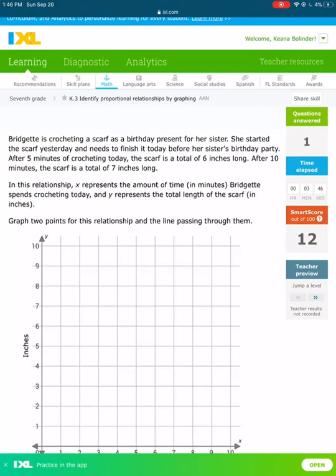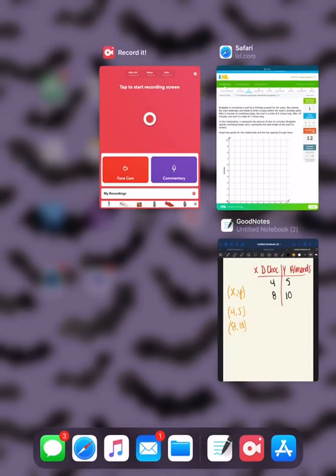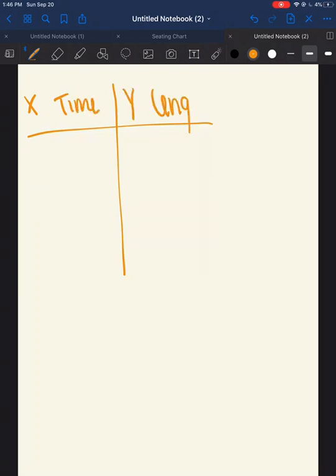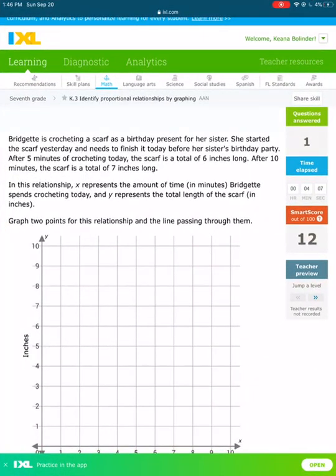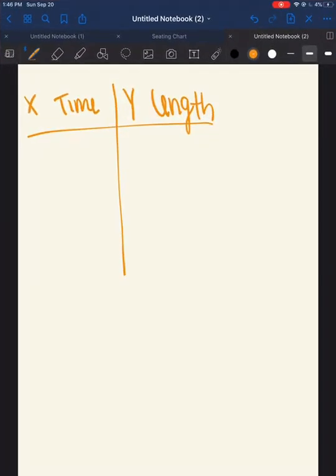And I know my time needs to be X, and then my length of the scarf needs to be Y. So X is time, and Y is length. Okay, so what I need to do is find my points. So I have 5 minutes and 10 minutes. So I'm going to write 5 and 10.